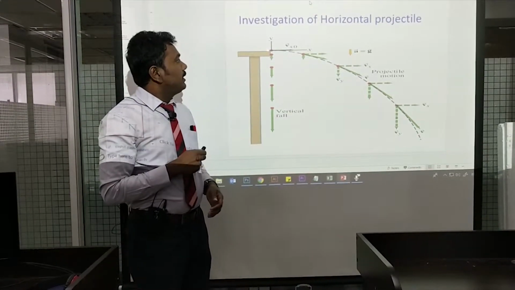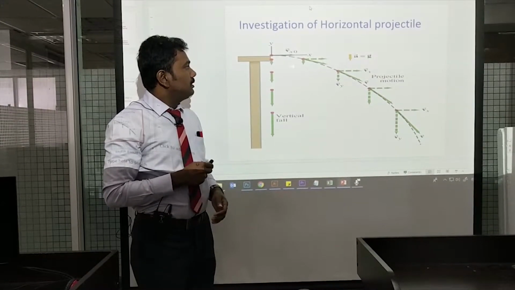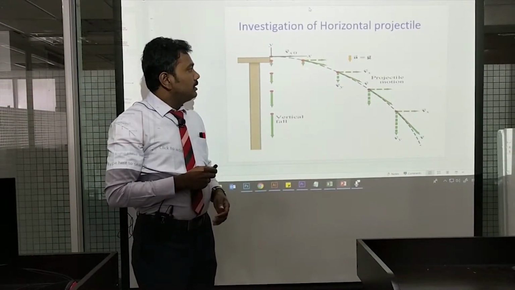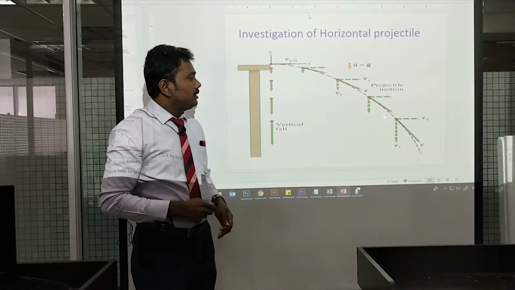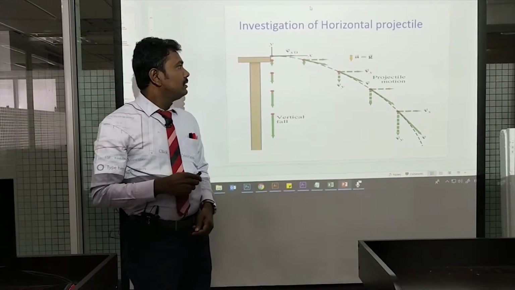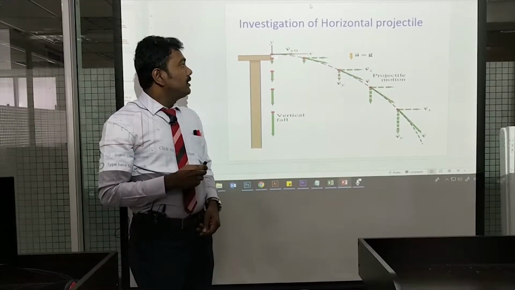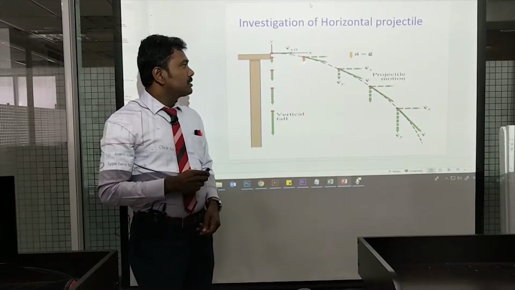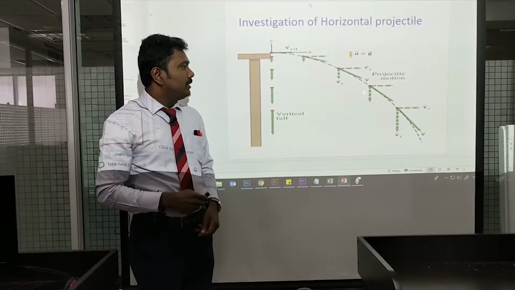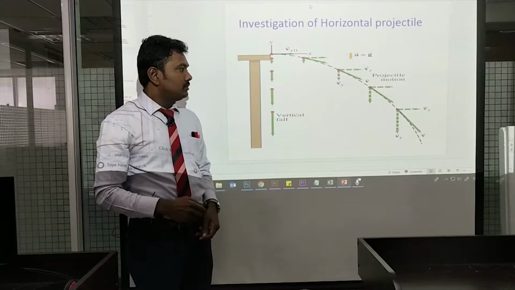The same applies here. The initial vertical velocity is 0, but it keeps increasing as time goes on. As the projectile approaches the ground, the vertical component keeps increasing and becomes maximum before it reaches the ground.